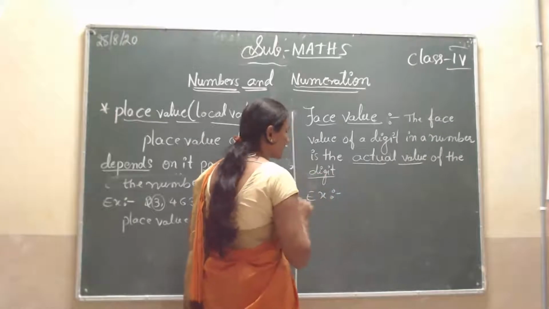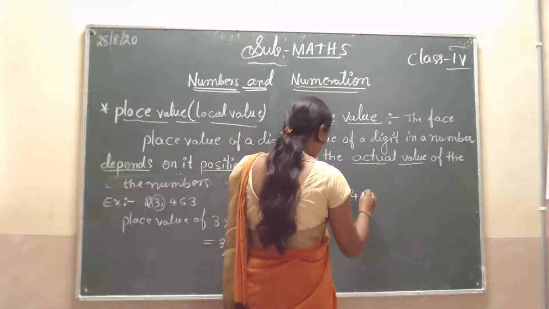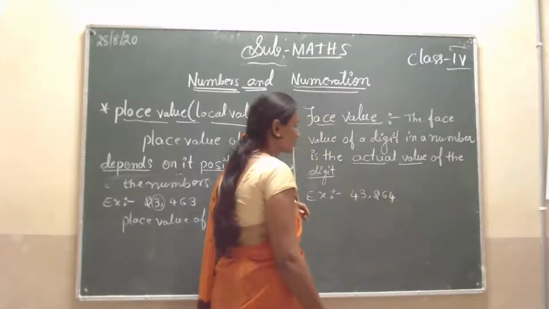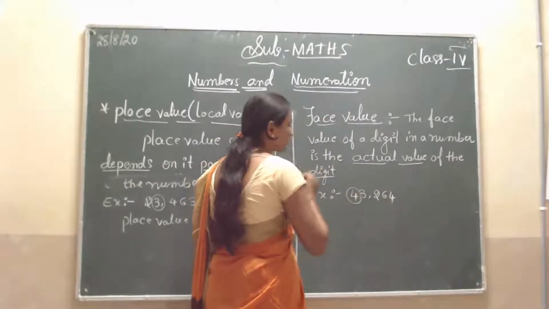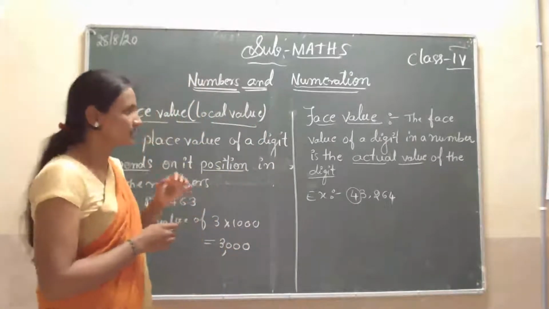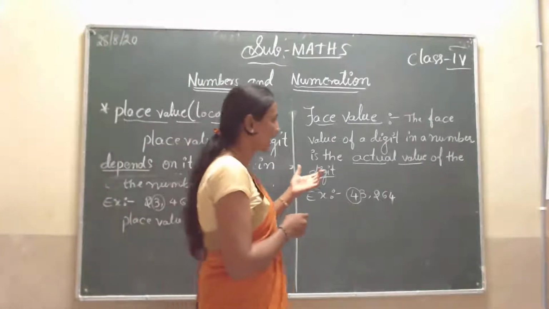I will take one example: 43,264. What is the face value of the 4? Recall the definition: actual value.